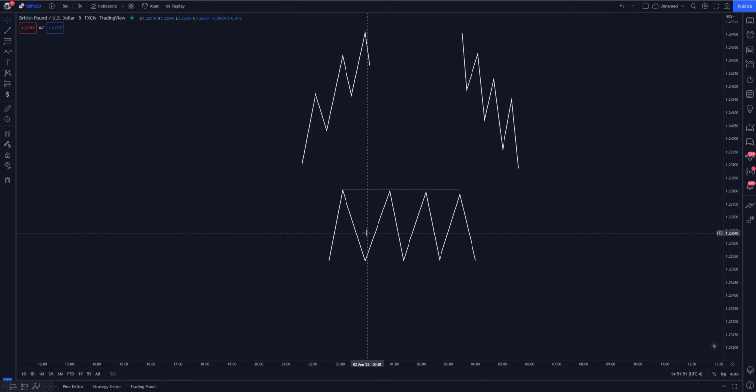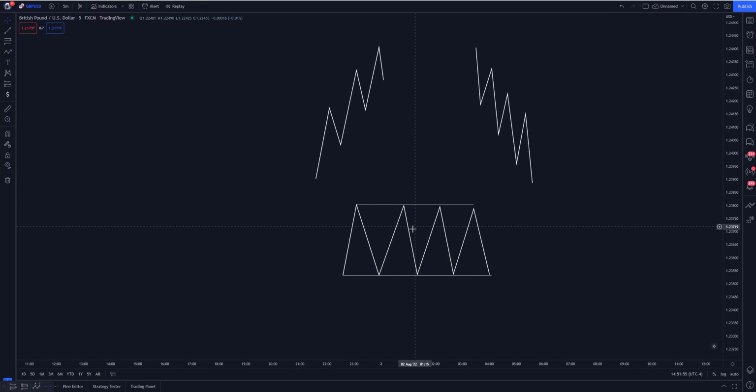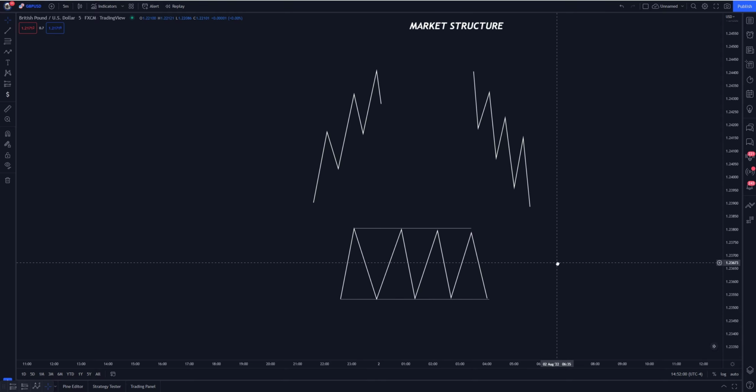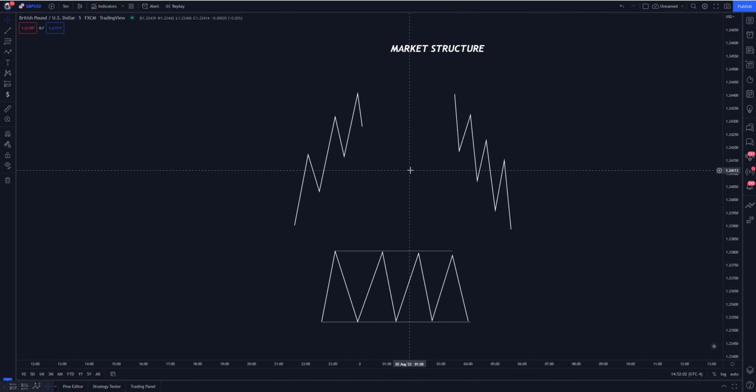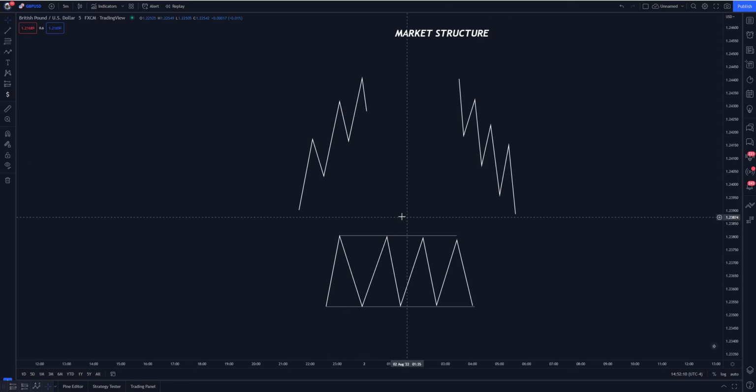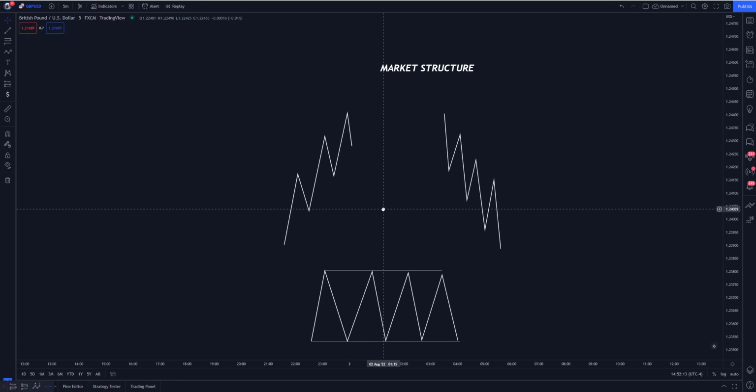And I have a strategy based on the ranging market condition. So there are three types of market structures: a bullish market structure, a bearish market structure, and the ranging market structure. This is a very simple textbook definition of market structure.